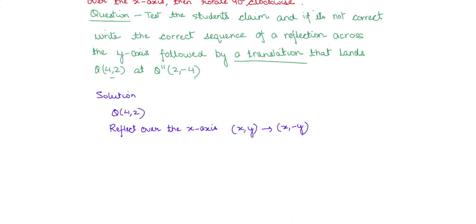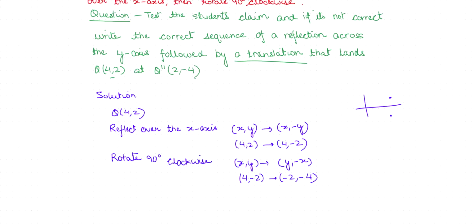Reflect over the x-axis means (x, y) changes to (x, -y). If it is the x-axis, any point would come here, so y would become negative. Now reflecting over the x-axis gives (4, -2). When we rotate 90 degrees clockwise, (x, y) changes to (y, -x).